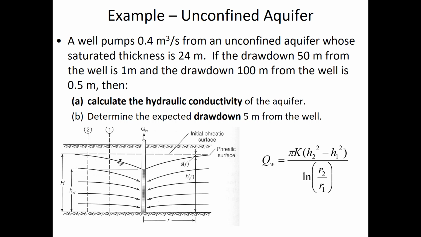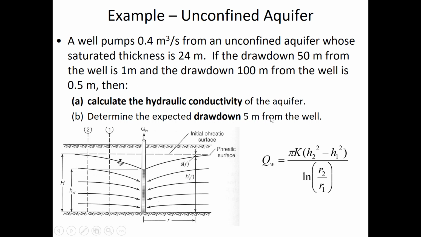If the question says calculate the drawdown at a certain location, unless you've had some practice with this, you might just calculate the height of the water surface without distinguishing between what is H and what is S. The variable S is the drawdown. That means the difference between where the water was initially before pumping began, and where the water will be after equilibrium is reached due to pumping. So H is just the height of the water surface after the well reaches equilibrium.